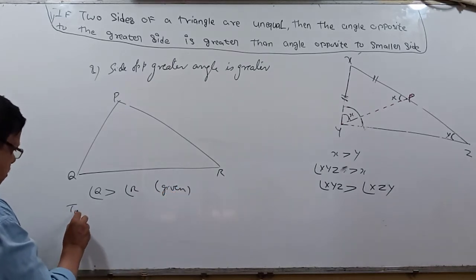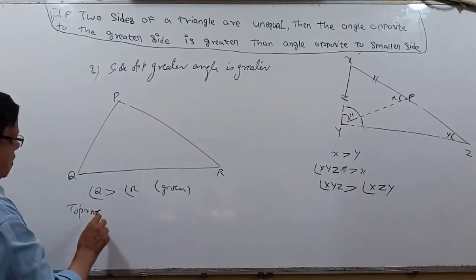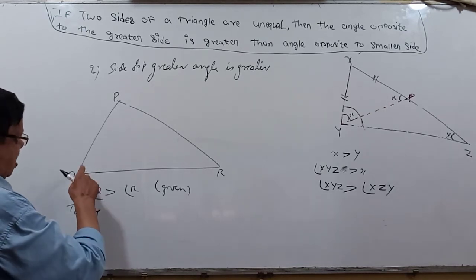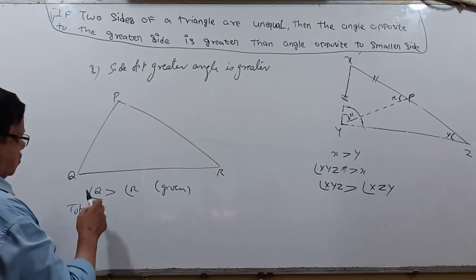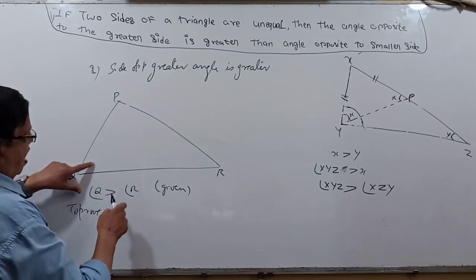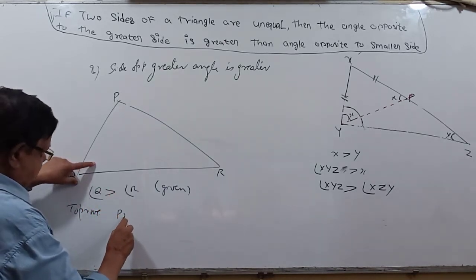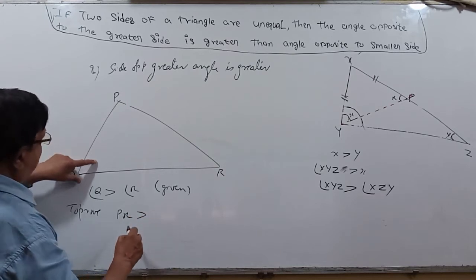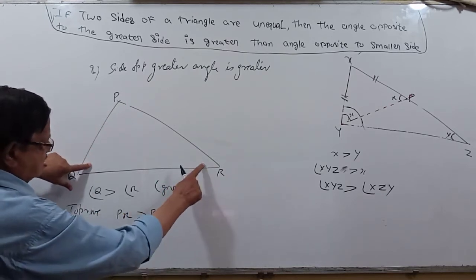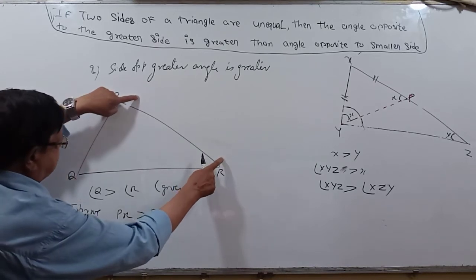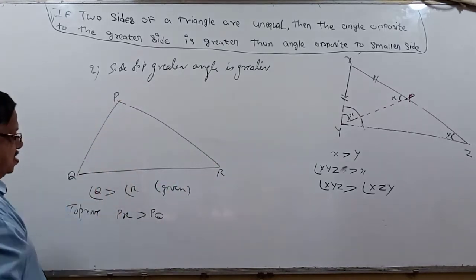To prove that PR is greater than PQ. They are given that this angle is greater than this angle, therefore this side is greater than this. Side opposite to greater angle is greater. This is what we are doing.